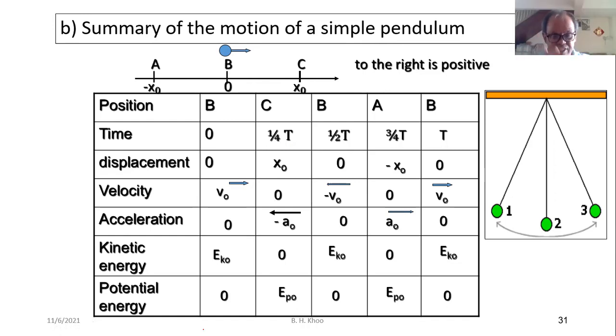Just follow what I have written down there. I just call it a point, and I give you a number so that you can see where is the B, where's the C, where's the A. It's just a point.